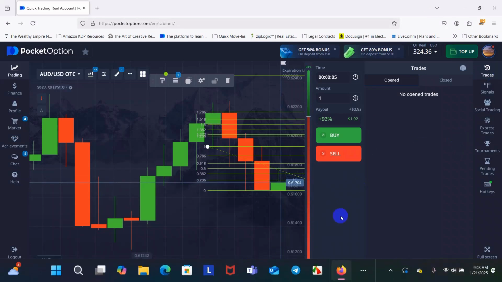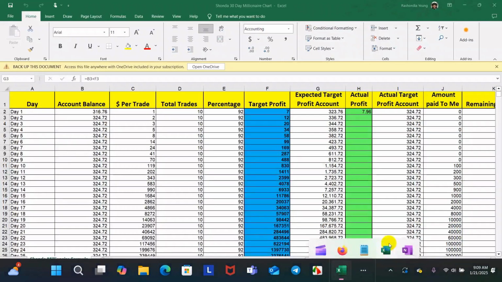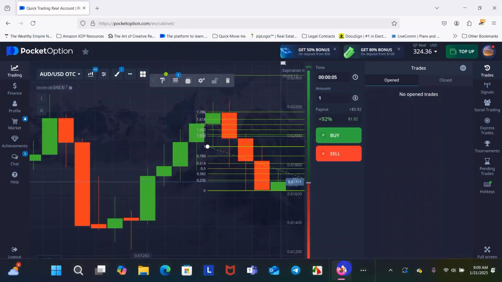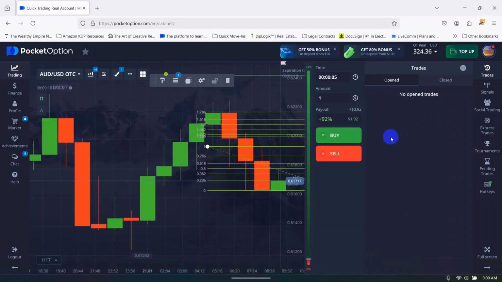Let's see, because we were at 330. We back at 324. It was 324.72. Let's see if we can at least get back to 3.